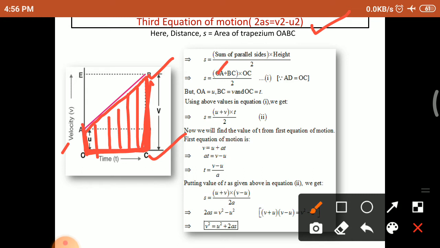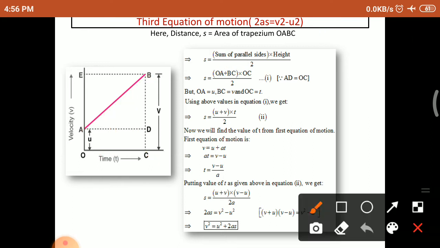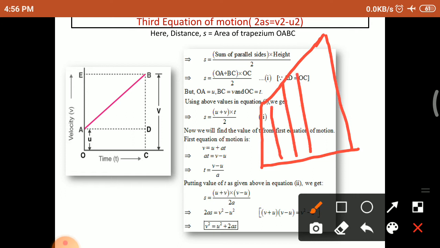So OA plus BC into what is the height? OC is the height. If you take a trapezium, this is the shape of the trapezium. So the formula for the area of a trapezium is the sum of the parallel sides into height.